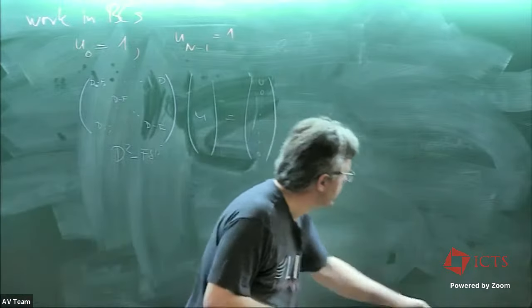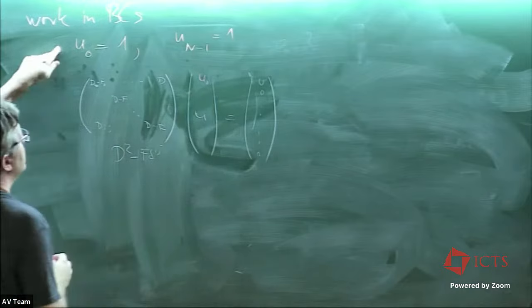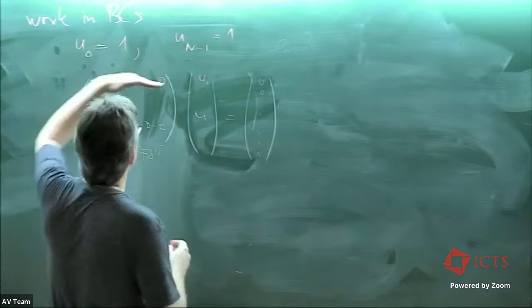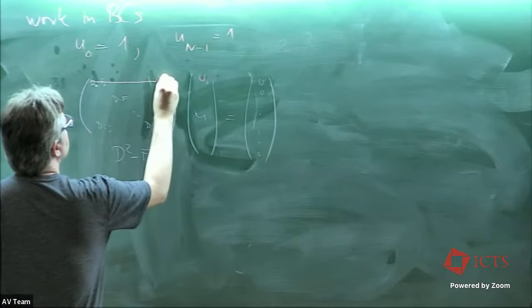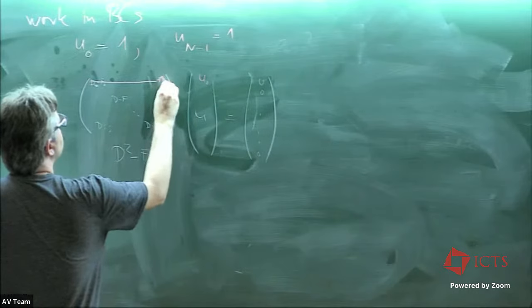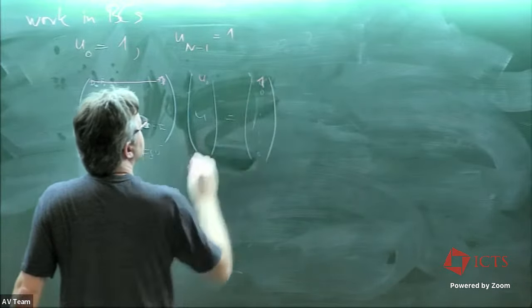And we can take 2 of our lines in our matrix equation and replace them by our boundary conditions. So we could say, well, we have up here u0 anyway. And so this is the u0 equation. And we can say, let's take all these numbers here out, put a 1 here, and put a 1 on the right-hand side.